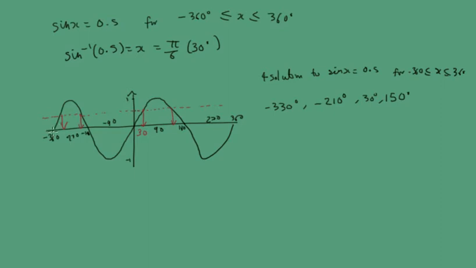And here, if we do minus 360 plus 30, we get minus 330, and then minus 180 plus the 30, we get minus 150... sorry, the minus 210 comes from minus 180 minus 30. So we can tell by looking at the symmetry of the graph that these are the points we are interested in.